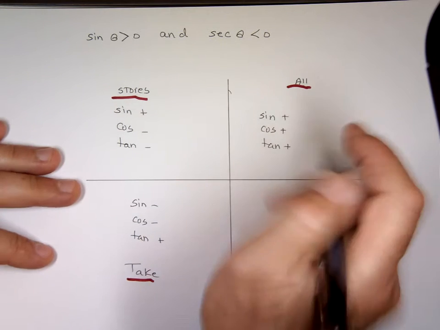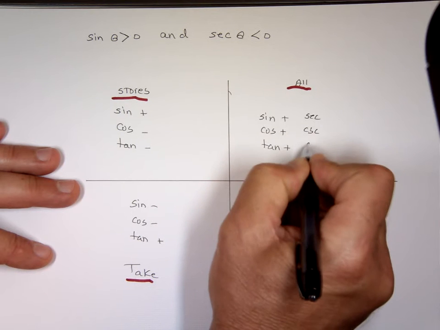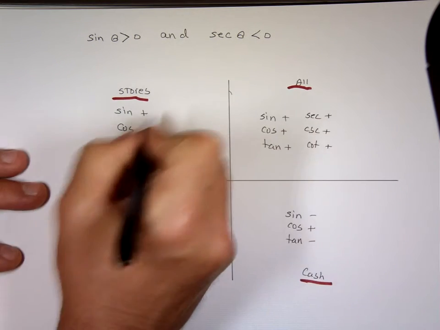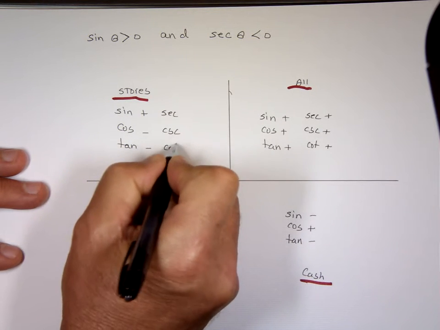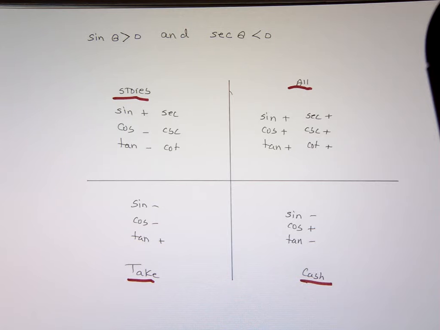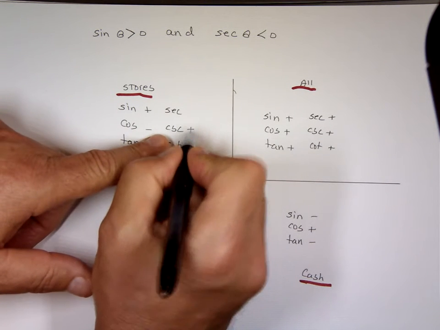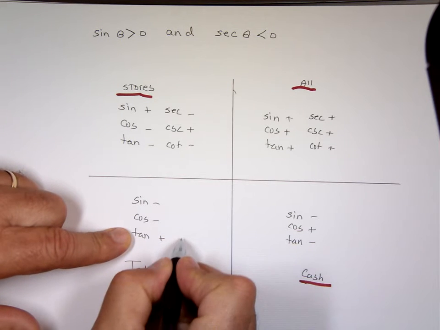That means secant, cosecant, cotangent, all positive. Now the sine is positive. Cosecant is 1 over sine. That's positive. The rest of them are negative. The tangent is positive. That means the cotangent will be positive.